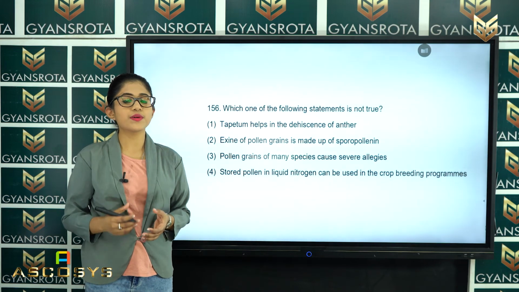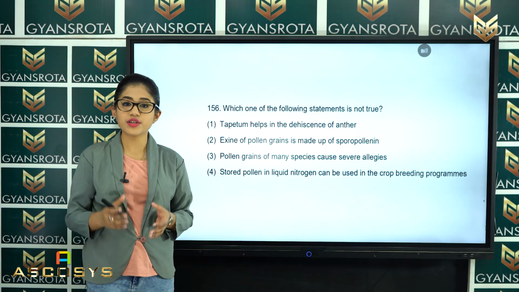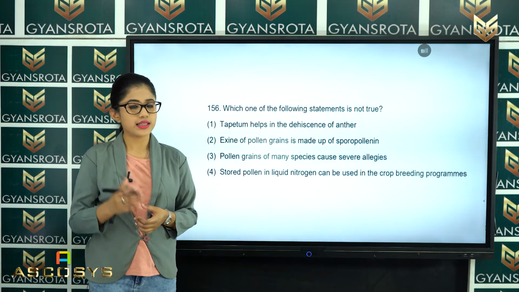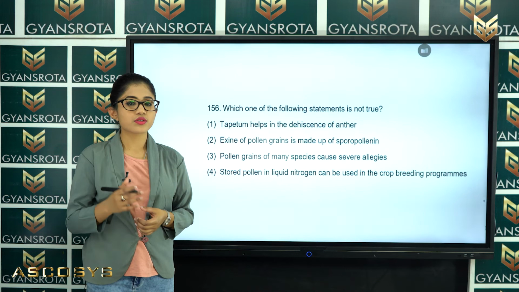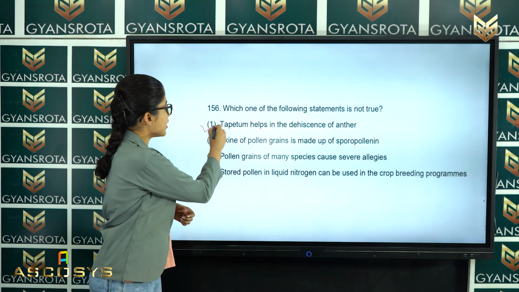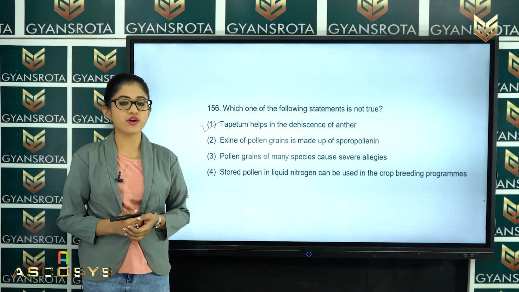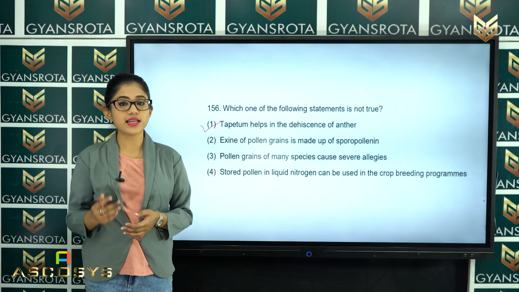No. So, what should be the correct statement? That tapetum helps in providing nutrition to the developing embryo, that we have discussed in that chapter. So, among these 4 options, option number 1 is incorrectly written. So, option number 1 is the correct answer of this question. Now, let us see the next question.